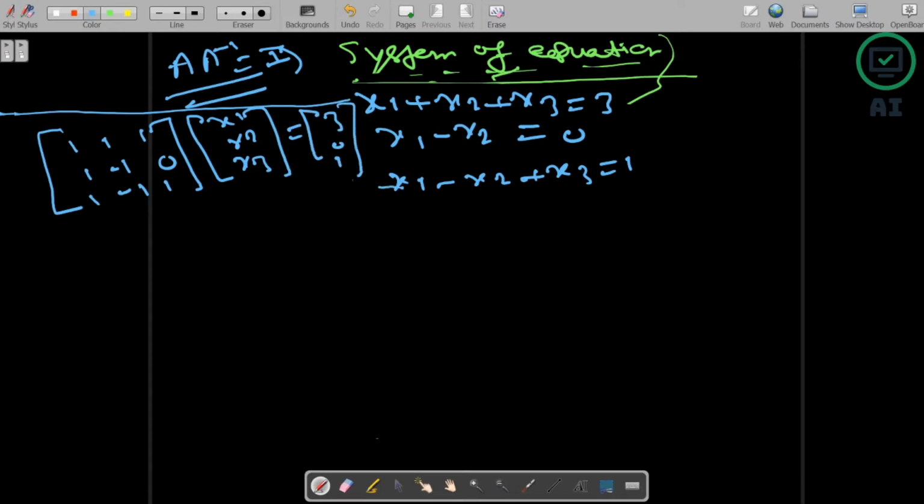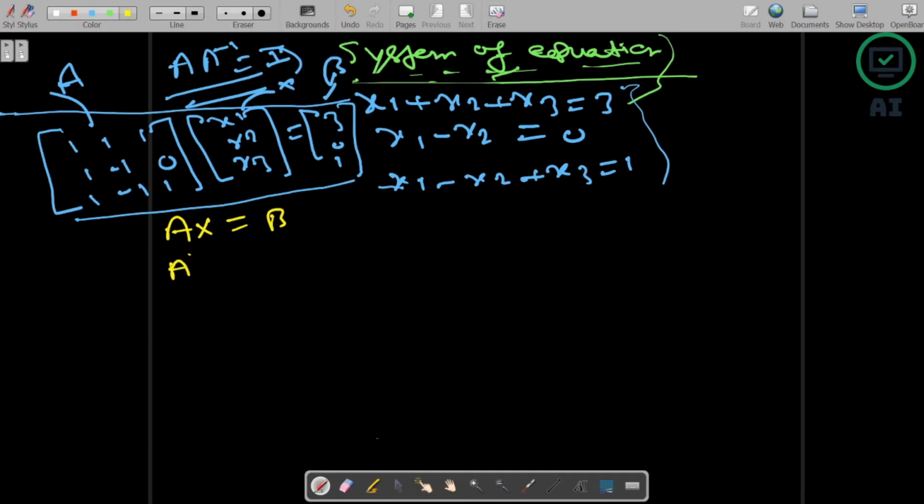We can write this equation in matrix form, and from here also you can get the solution as I explained for the 2 cross 2 matrix. This is A, this is X, and this is B. So AX equal to B. Same thing, multiply A inverse both sides by the associativity rule.